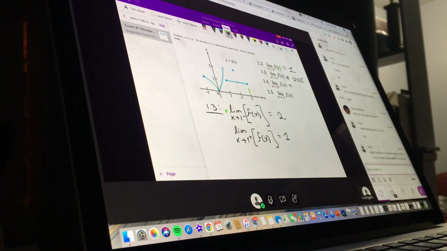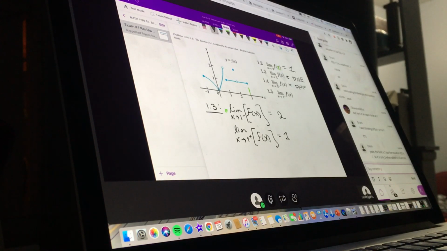Or, the function stops at 3. It stops at x equals 3. There's nothing to evaluate from the right side. There is no function for us to follow. So the limit just simply does not exist. If there's not a function for you to follow, then there can't be a limit for the right side.